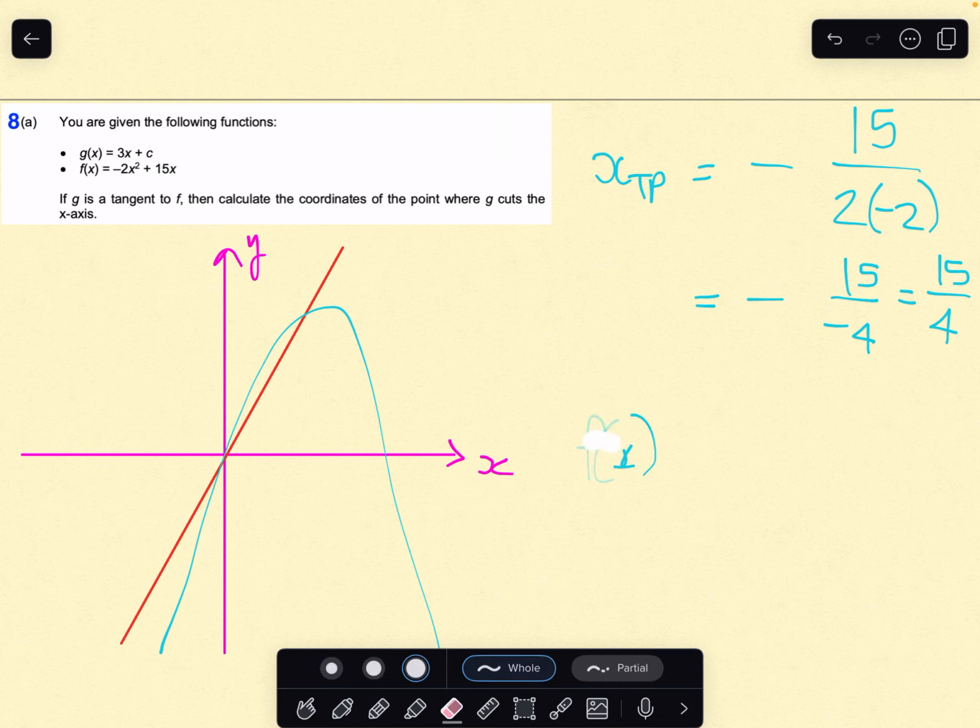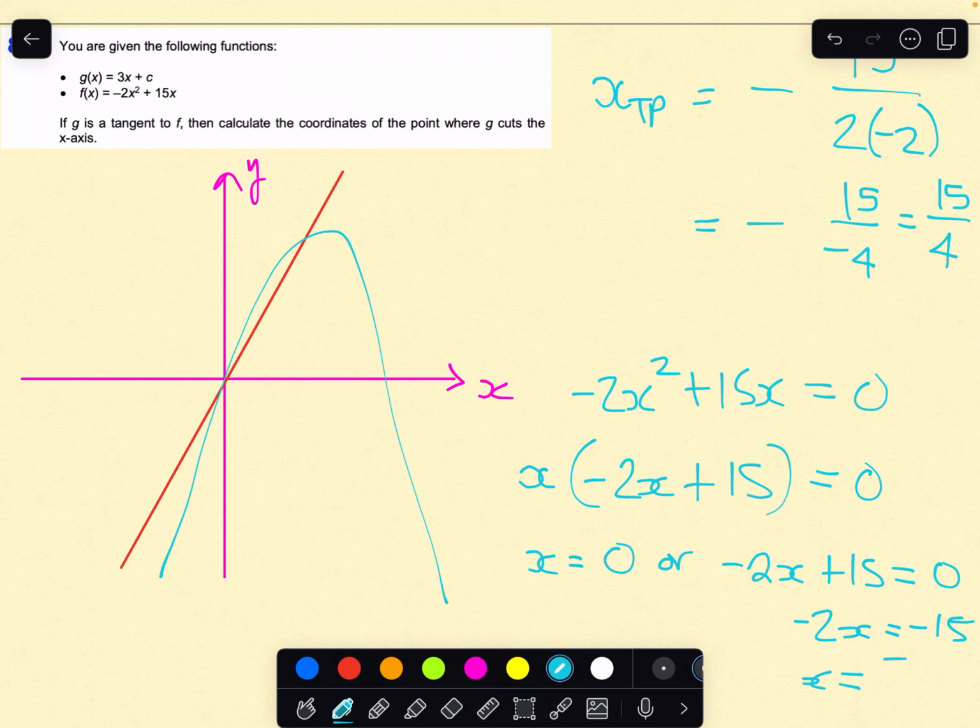We knew that already. Then the other x-intercept will be where minus 2x plus 15 is equal to 0. So minus 2x is equal to minus 15, and then x will be minus 15 over minus 2, which will be a positive number, as opposed to a negative number, which would tell us that the other x-intercept is there. So that's another way that you could figure out horizontally where this parabola is placed.